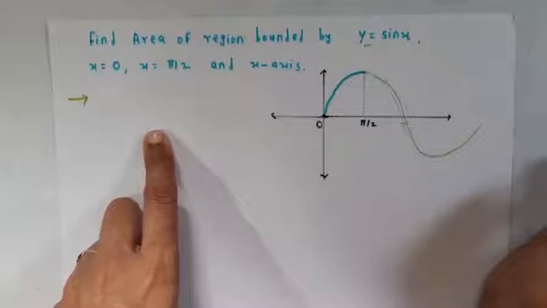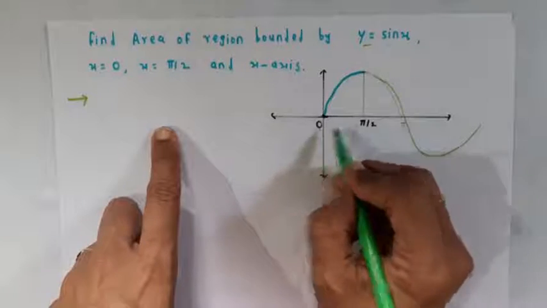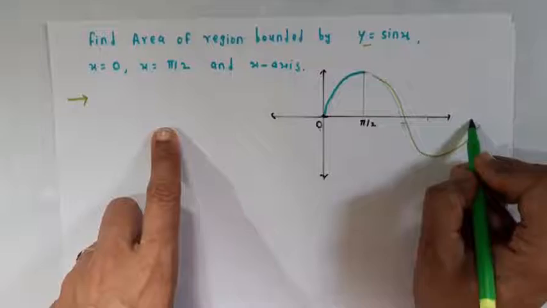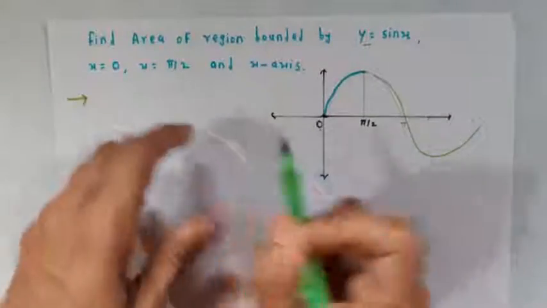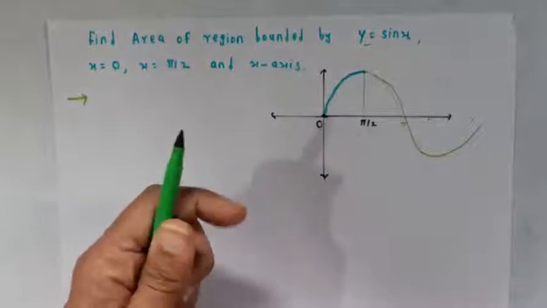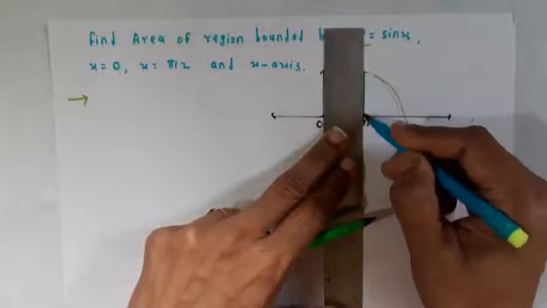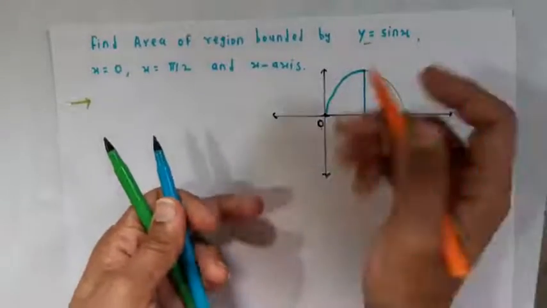Suppose on the x-axis we have 0, pi by 2, pi, 3 pi by 2, 2 pi, like this. Here the limits of integration are 0 to pi by 2, which means only up to this point on the x-axis, pi by 2. We have to find the area of this region.